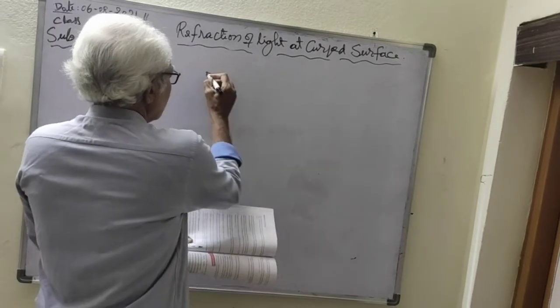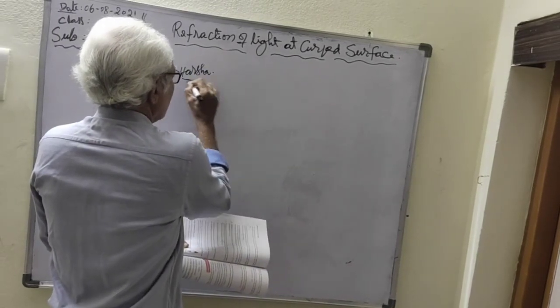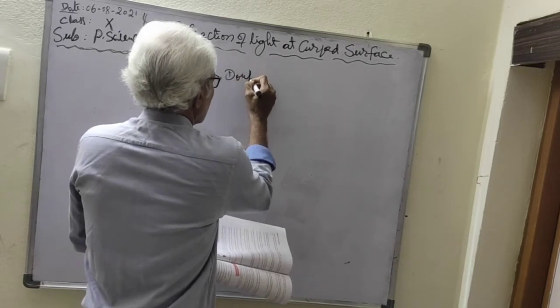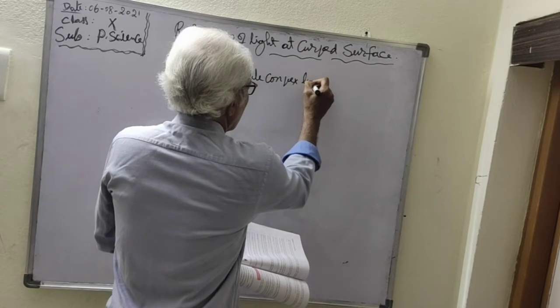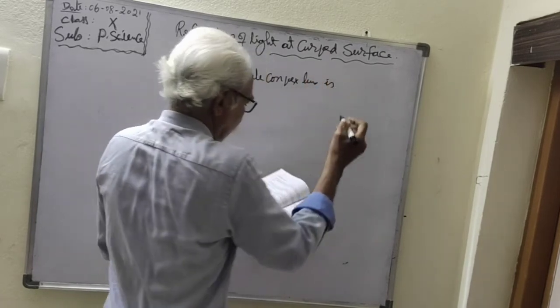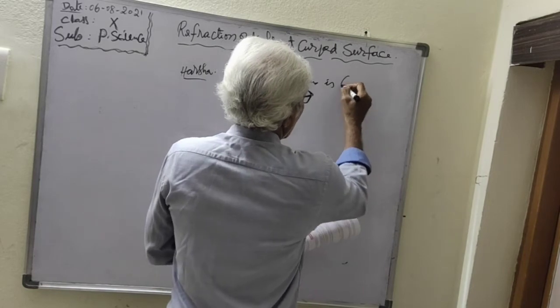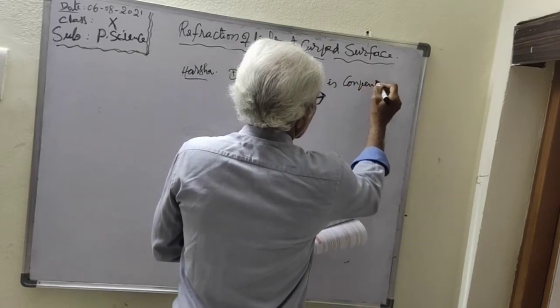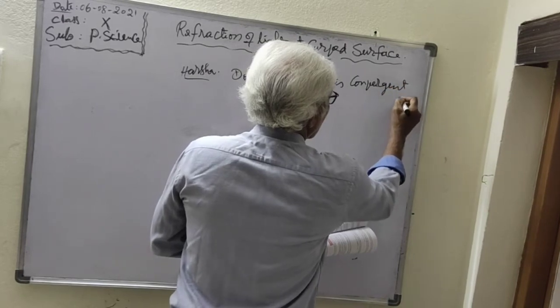Harsha's concept: a double convex lens is a convergent lens.